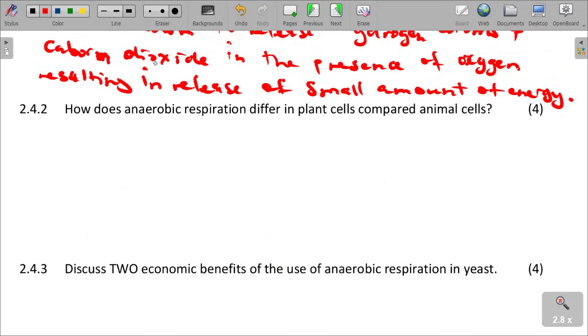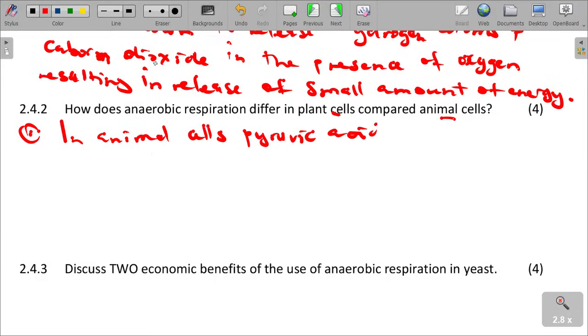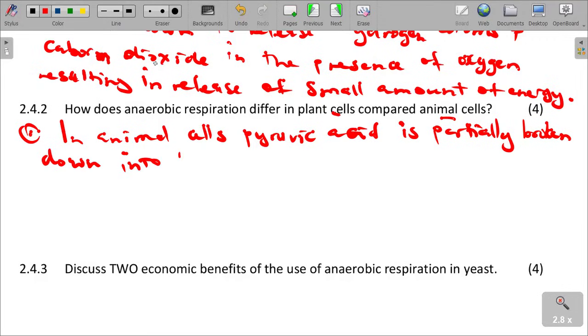What we need to understand is that in animal cells, pyruvic acid is incompletely, or partially, broken down into lactic acid.